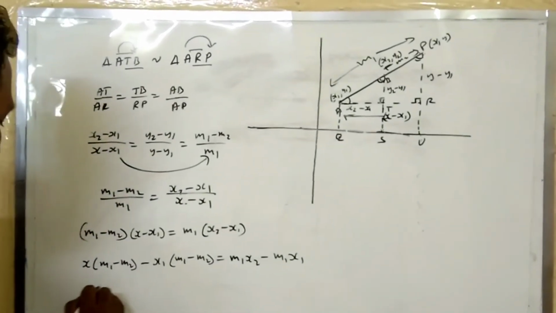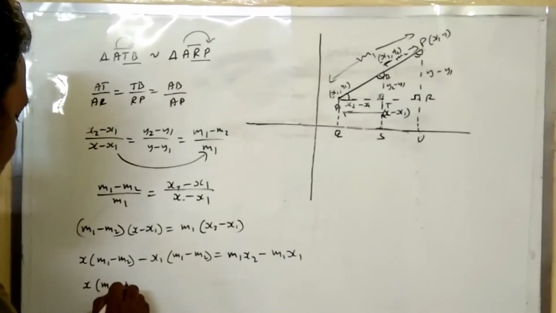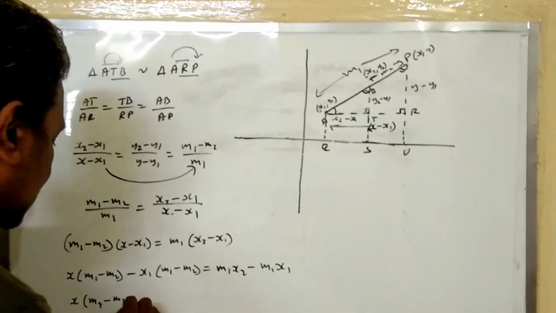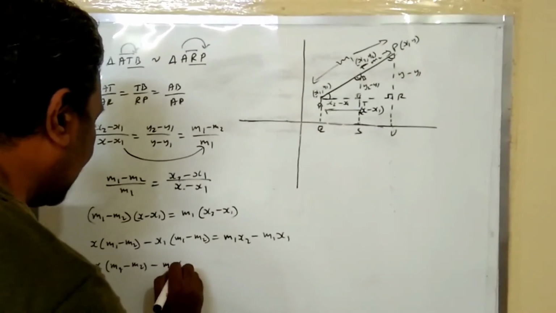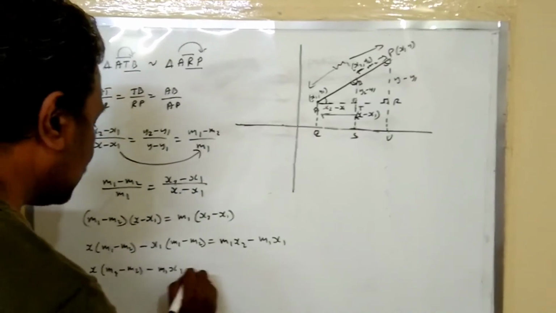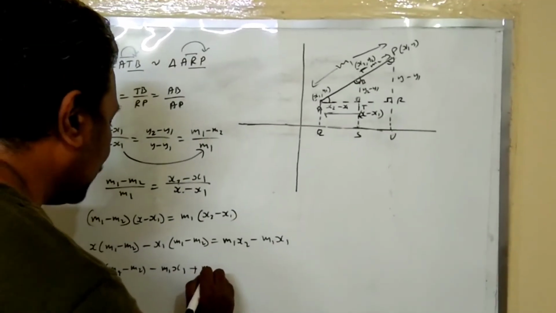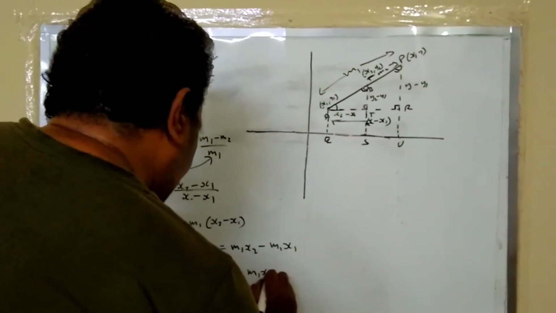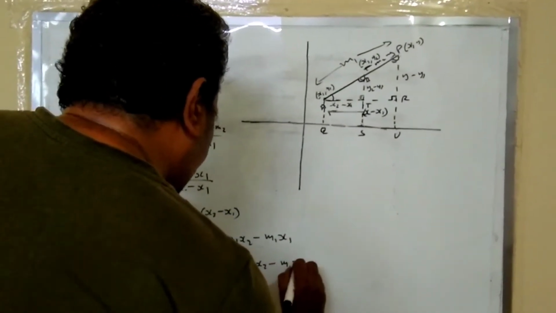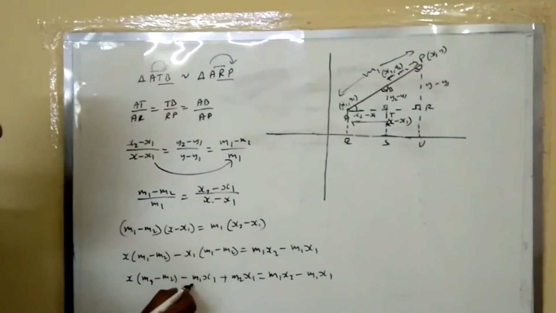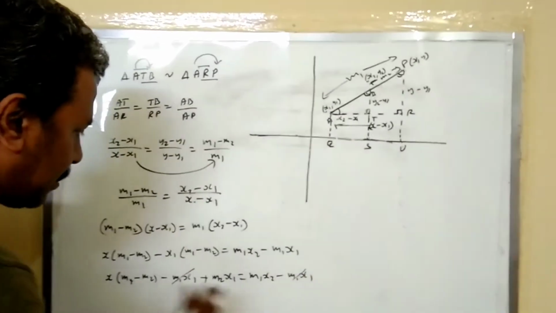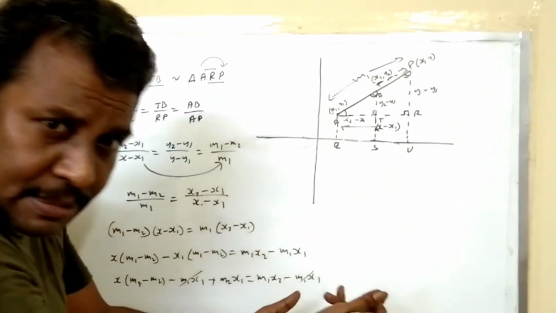Here don't multiply this, multiply only this, minus M1 x1, minus into minus plus M2 x1 is equal to M1 x2 minus M1 x1. Here minus M1 x1 and minus M1 x1 both get cancelled, because if you take it to the other side it becomes plus.